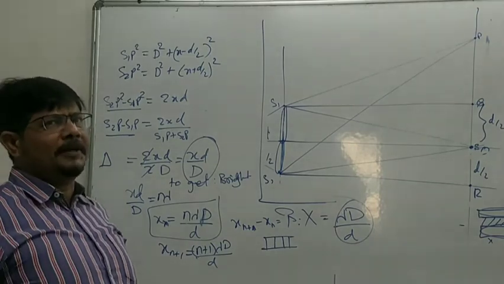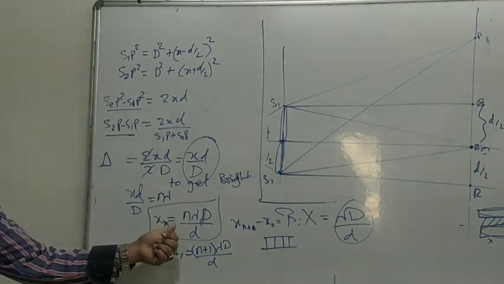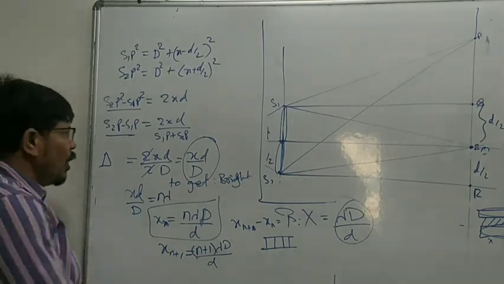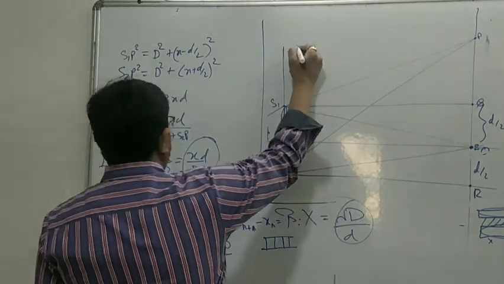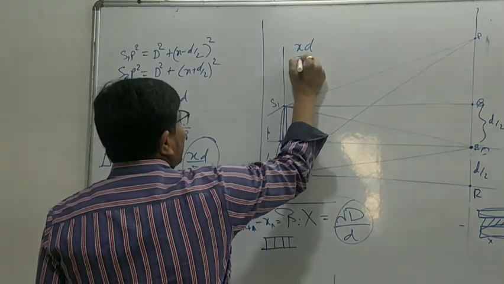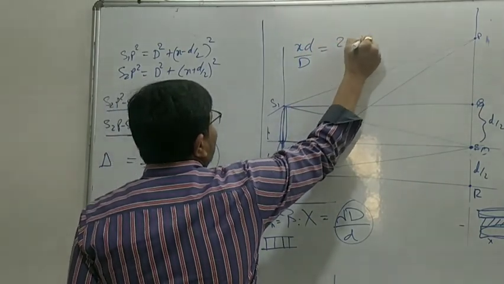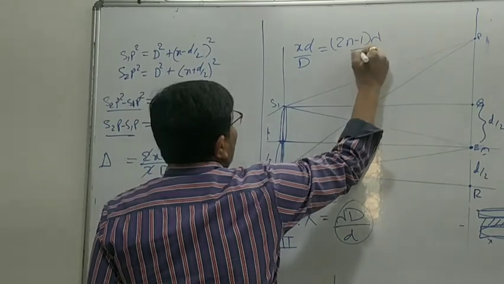In case of dark fringes, the same formula is used. Here it is xd by capital D equal to 2n minus 1 lambda by 2. Got it?